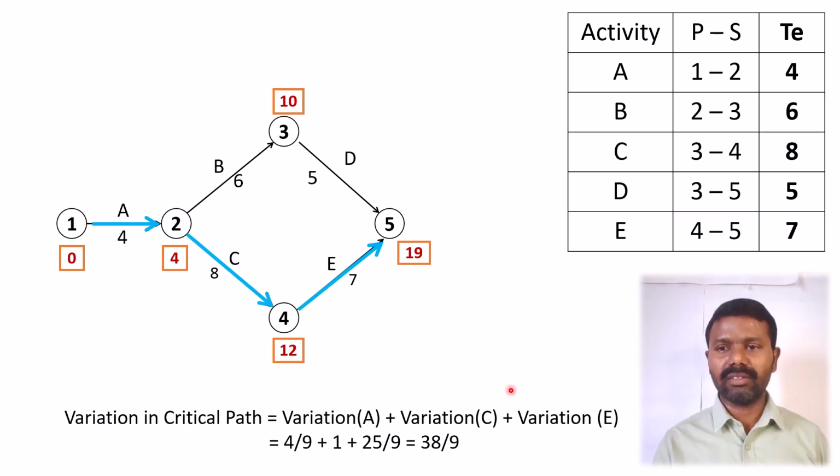So finally we can say the variation in the critical path: 19 is the maximum duration it will take, and the variation in the critical path is equal to the variation in A plus variation in C plus variation in E. The variation in A, as we have seen earlier, is 4 by 9, plus 1, plus 25 by 9, that will be 38 by 9. So that is how we can calculate the variation in the critical path. So 38 by 9 is the variation, that is sigma square in the critical path.